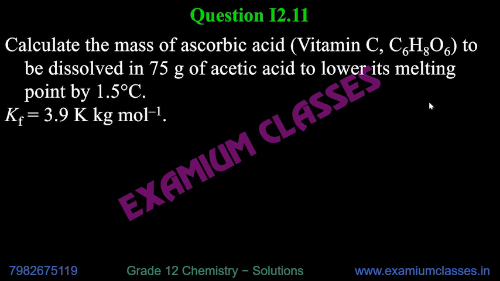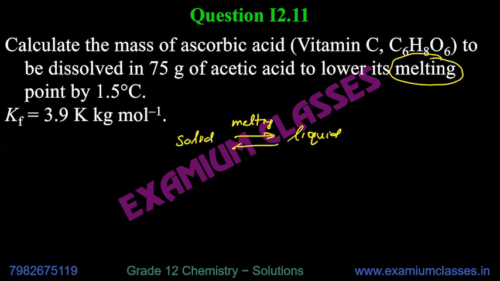So look here. Basically, melting is analogous to freezing. It is just opposite. Solid to liquid is melting. Liquid to solid is freezing, but it will be at the same temperature.